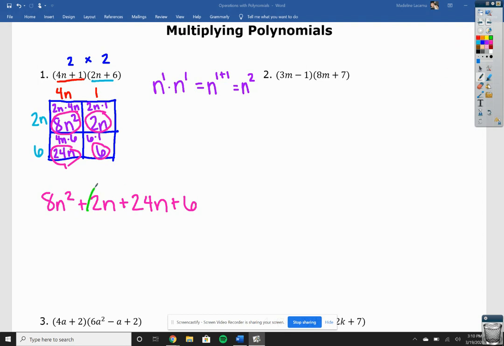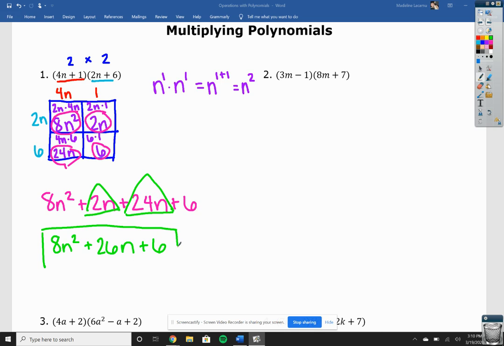So if you notice here, we have 2n and 24n. When you add those together, we're going to end up with 8n squared, 2n plus 24n is 26n, and then plus 6. And that will be our final answer.